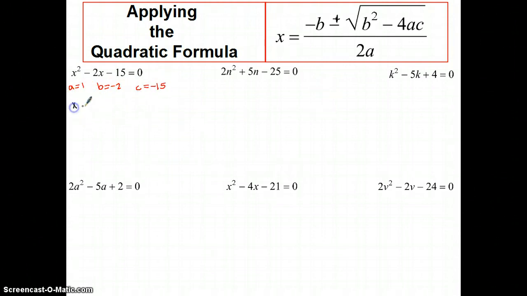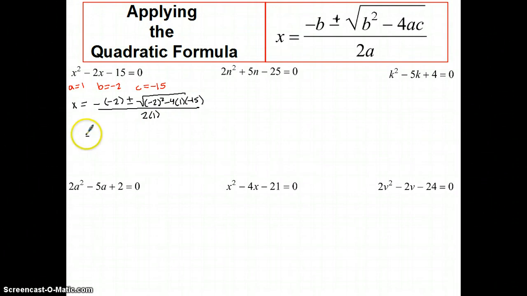So x is going to equal negative b, which is negative 2, plus or minus the square root of b squared, so negative 2 squared, minus 4 times a, which is 1, times c, which is negative 15, all over 2 times a, which is 1.